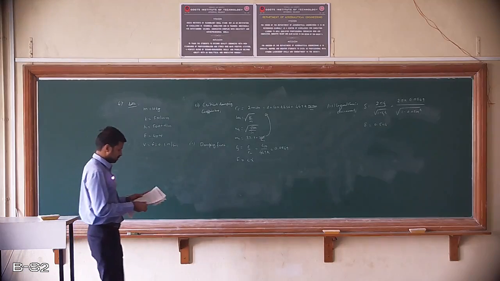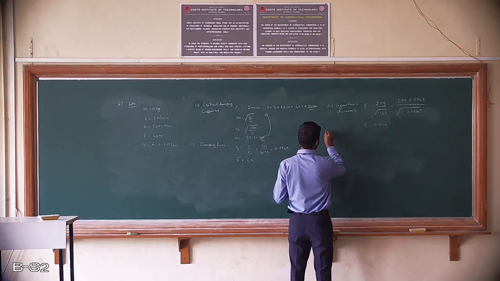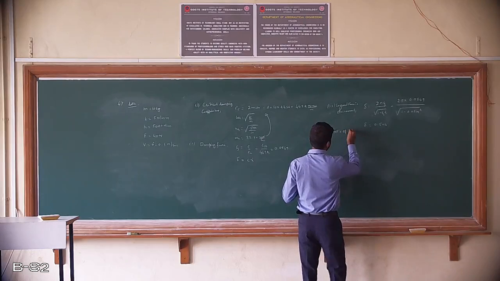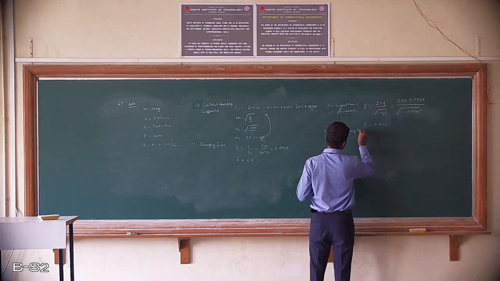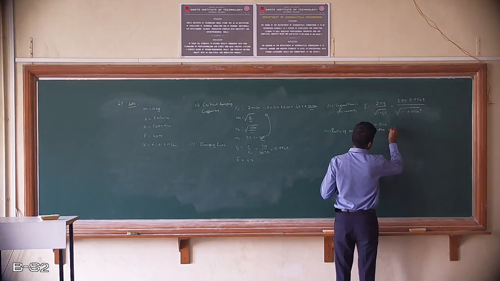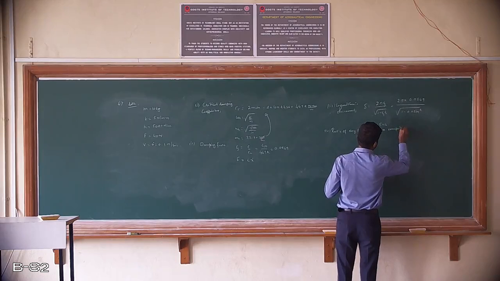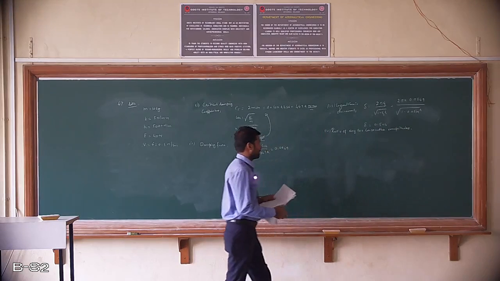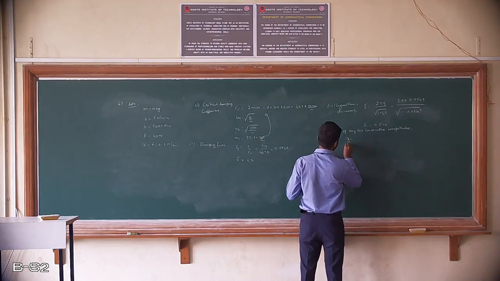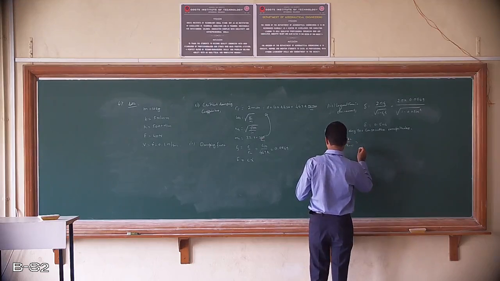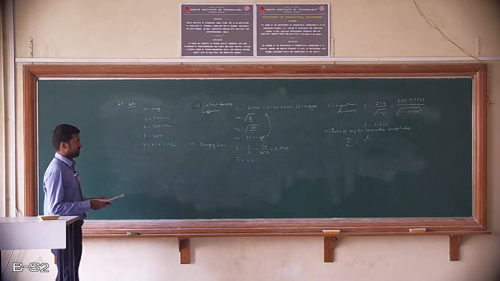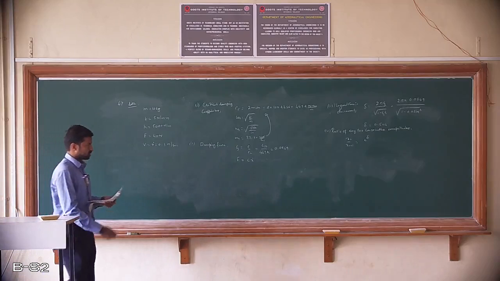consecutive amplitudes. The ratio of any two consecutive amplitudes is nothing but xn divided by xn plus 1 is equal to e raised to delta.